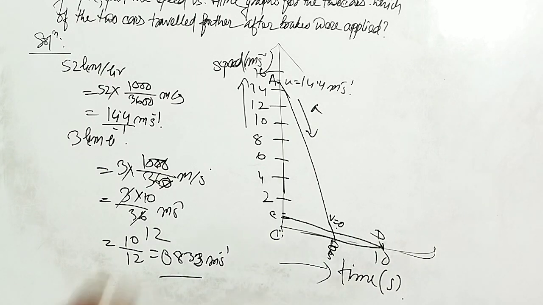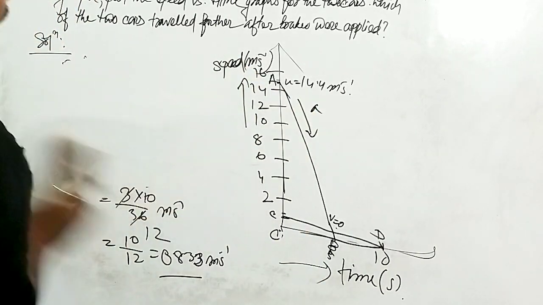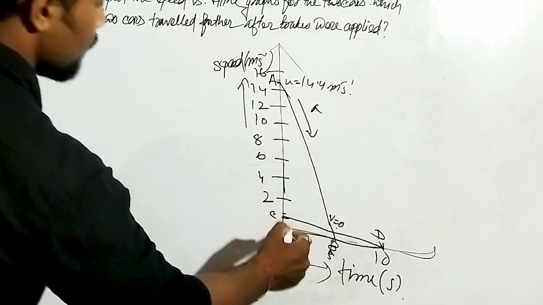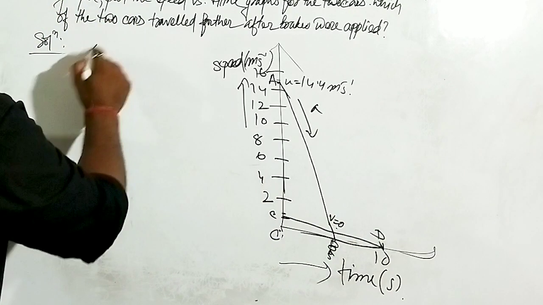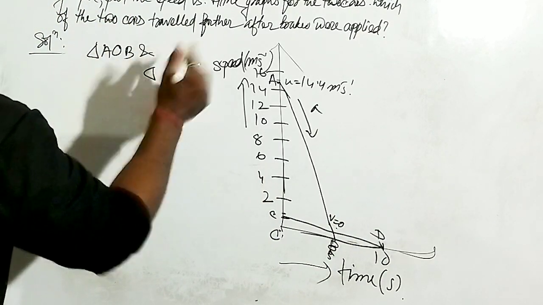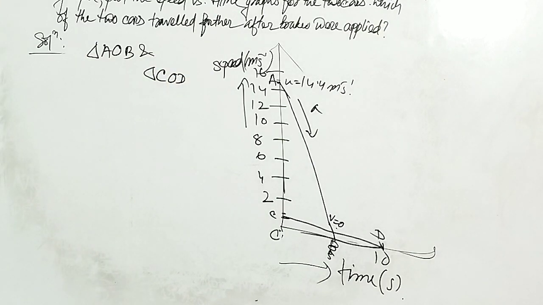Now look closely. We have got 2 triangles, AOB and COD, right? So we need to find out how much distance it actually covered, or how far it actually traveled.